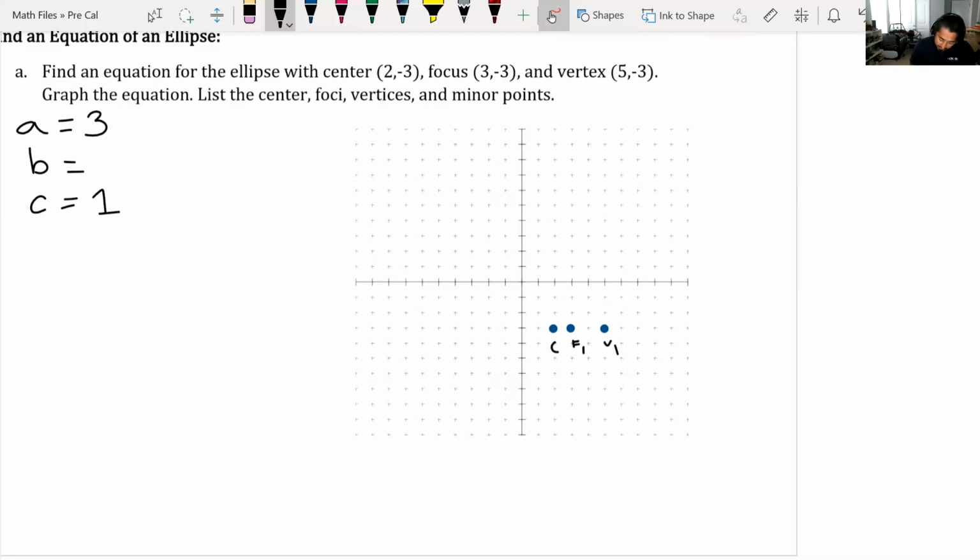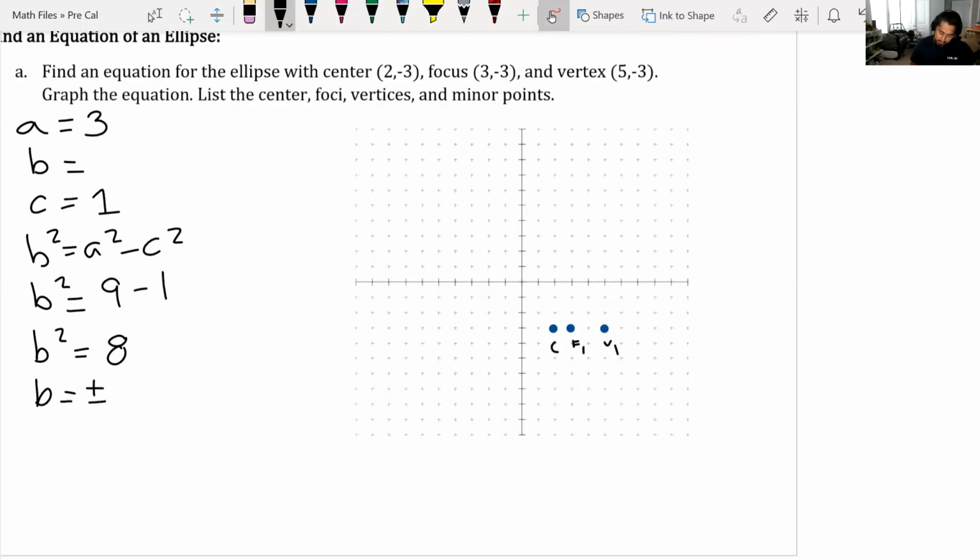All right. So to find B, we know B squared equals A squared minus C squared, which gives me B squared equals 9 minus 1, so B squared equals 8, and B equals plus or minus 2 square root 2, which is 2.83.